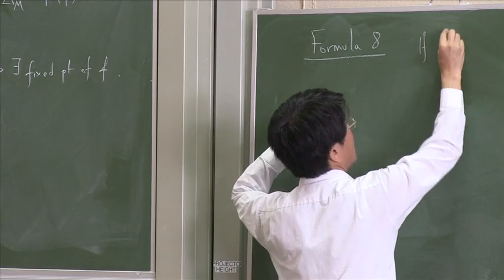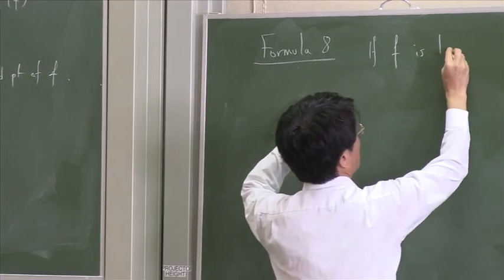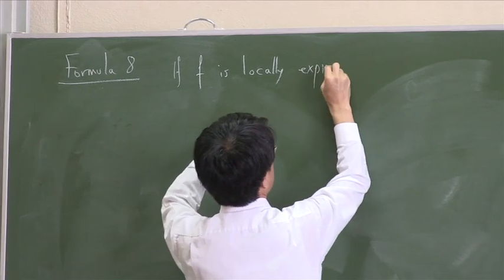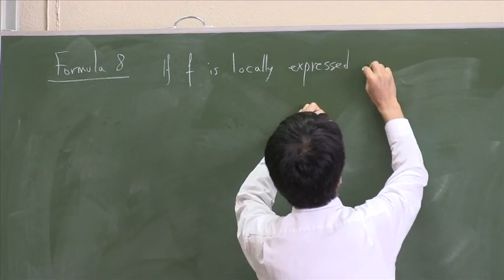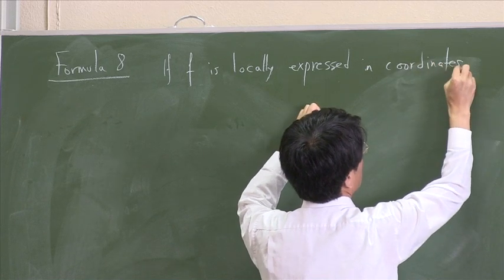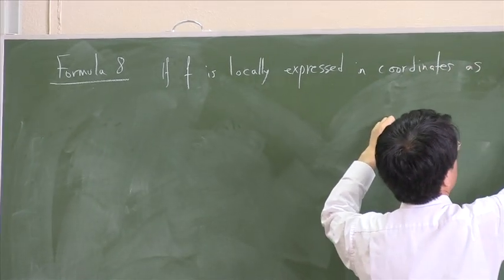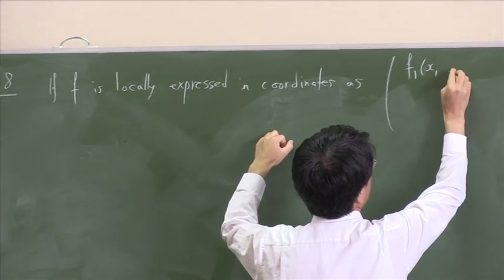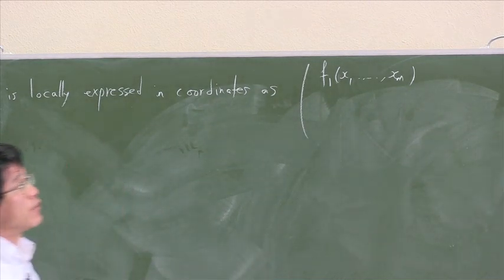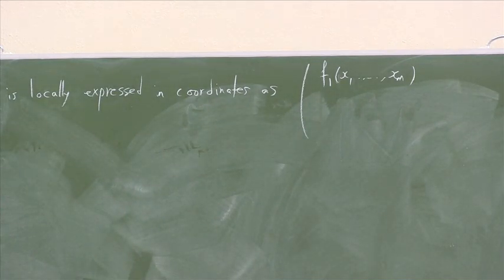Suppose that the map is given by coordinates, locally specified, expressed in coordinates, in the standard way: for the assignment of x1 through xn, you have the first component of the map.